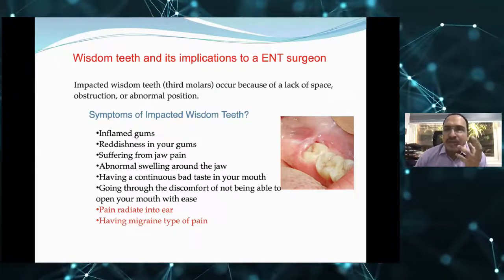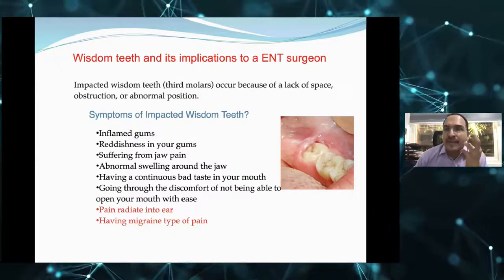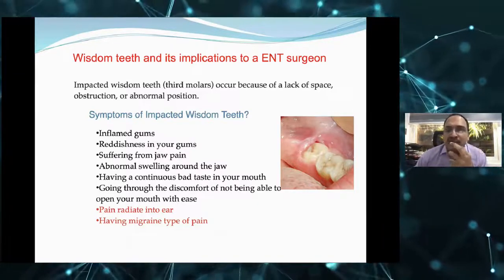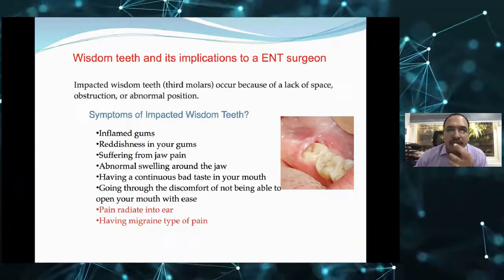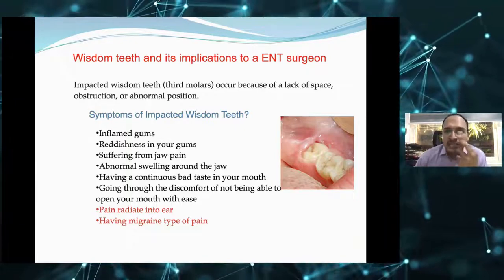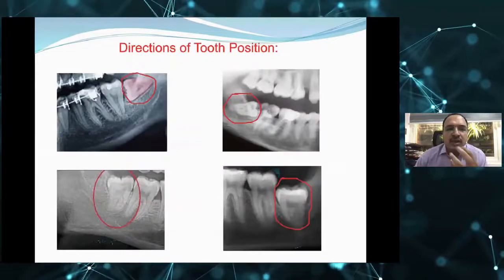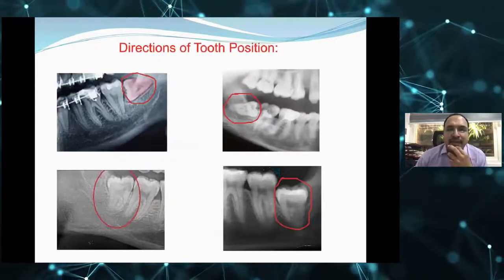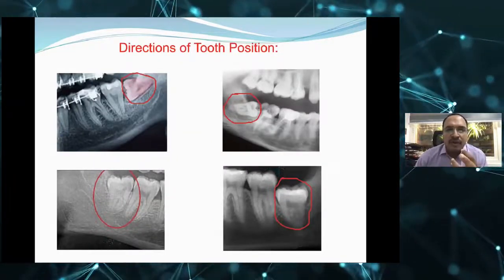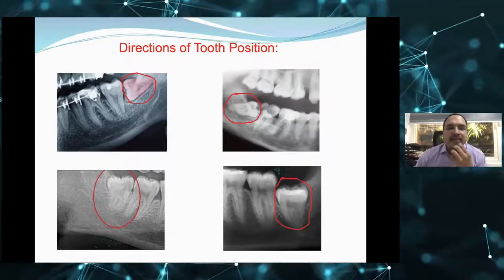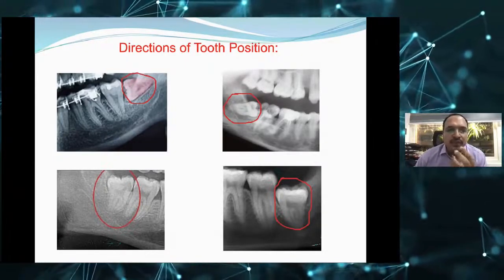So in many patients who have no ENT pathology but typically have a radiating pain to the ear, it is always necessary to rule out some kind of pathology in the mouth, in the oral cavity. So these are common situations where an impacted wisdom tooth gets treated by ENT people and then gets referred back to us to get these problems sorted out.